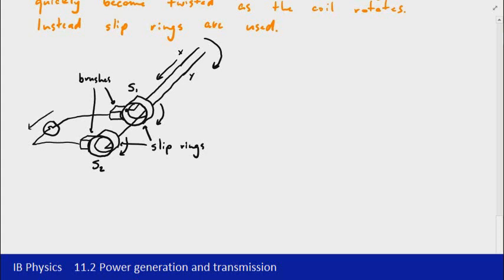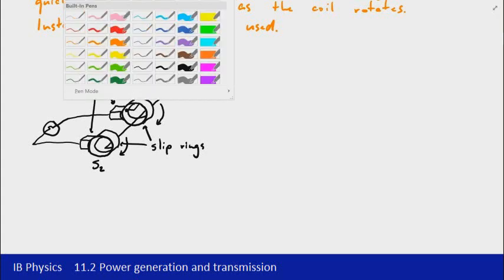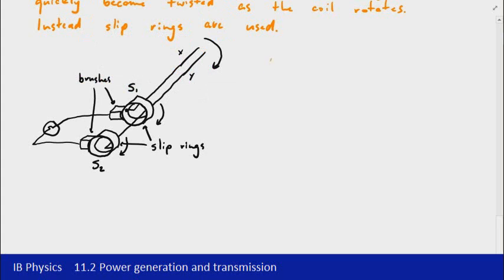So the current will be alternating here because the EMF being generated by the loop itself will be changing direction each half cycle. Now, as we know, if we have an EMF and we have a closed circuit, we're then going to generate a current. So once it's connected in a circuit, a current will flow.